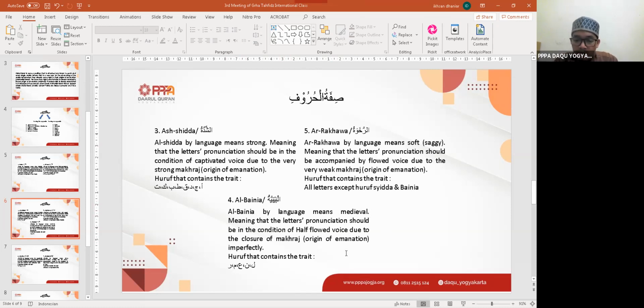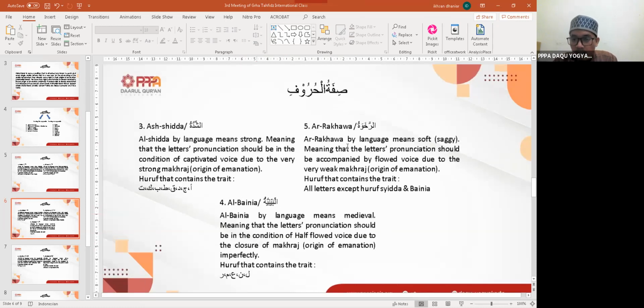And ar-rakhawah by language means soft or loose, meaning that the letter's pronunciation should be accompanied by flowed voice due to the very weak makhraj, or origin of emanation.